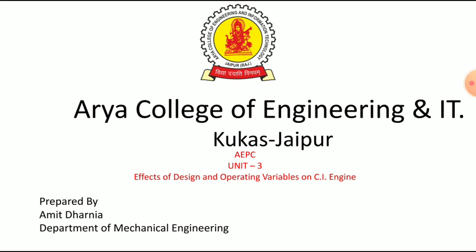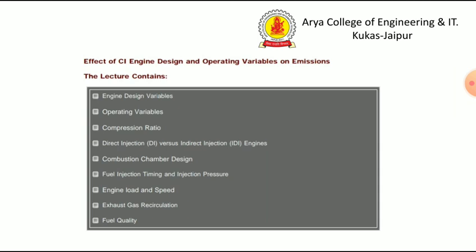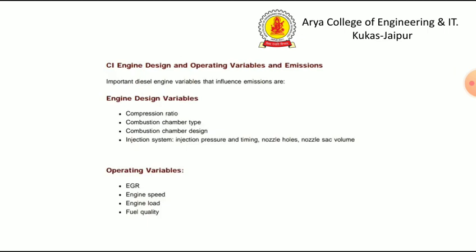Jaipur. Today we will learn about the effects of various design and operating variables in the CI engines on the formation of different pollutants. So let's start. There are various operating and design variables which we will consider in our lecture.